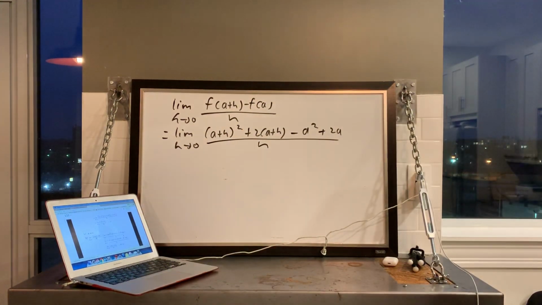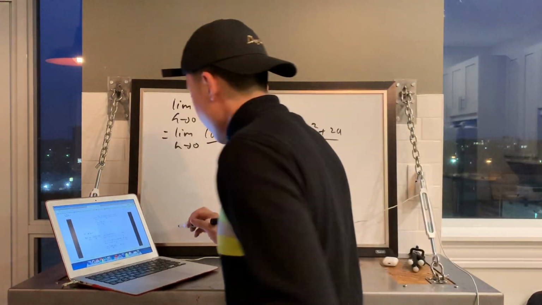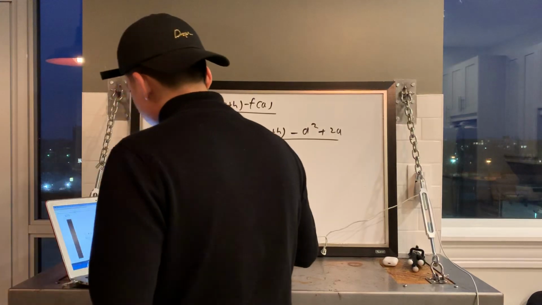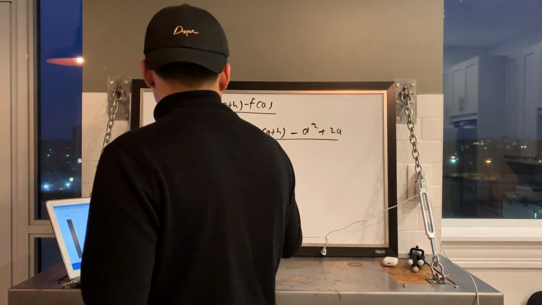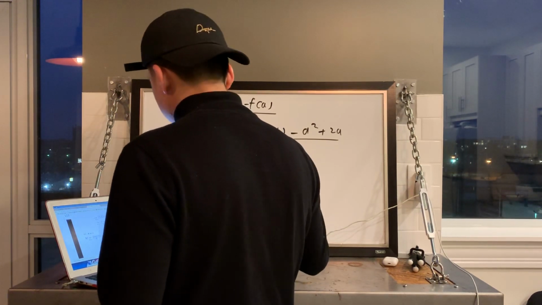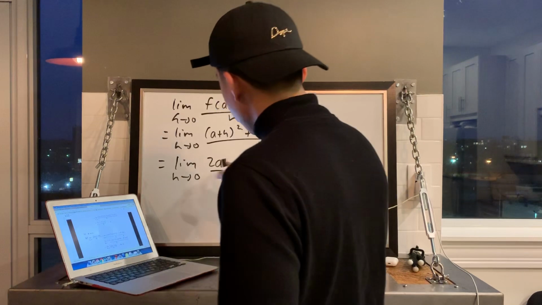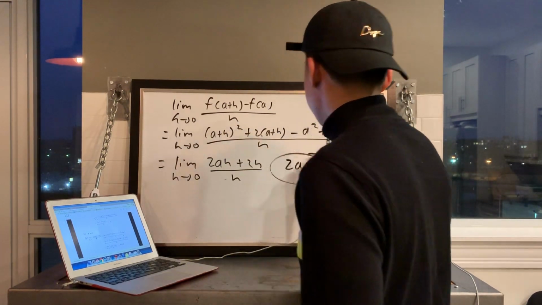And you keep simplifying that algebraically. You can do the shortcut, or you can write a plus h twice, but I'm just going to skip to the bottom line. We get the limit as h approaches 0 of 2ah plus 2h over h. You can factor out h so you get 2a plus 2.